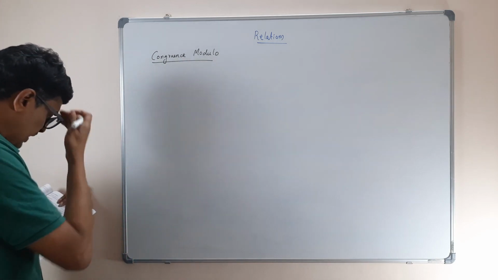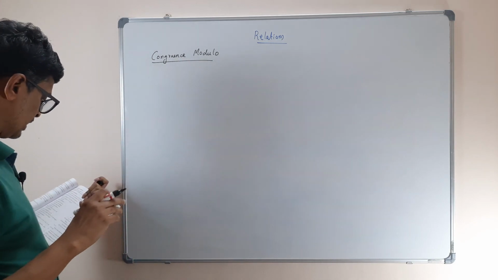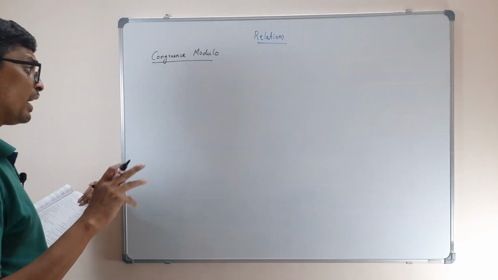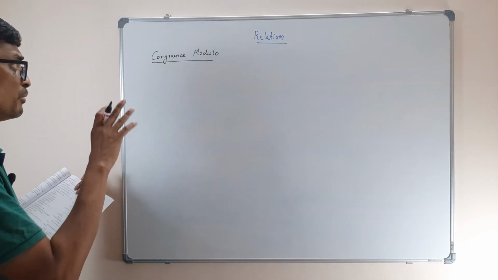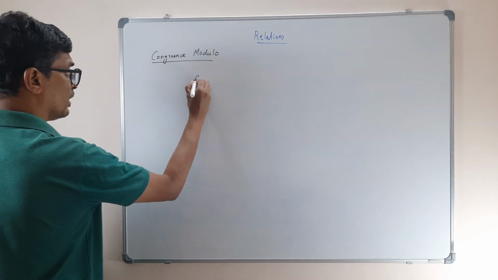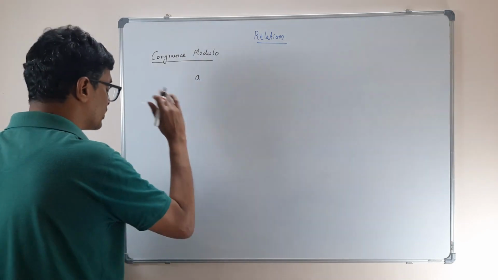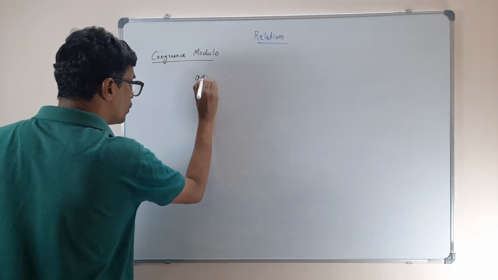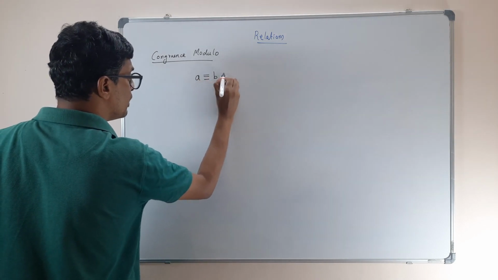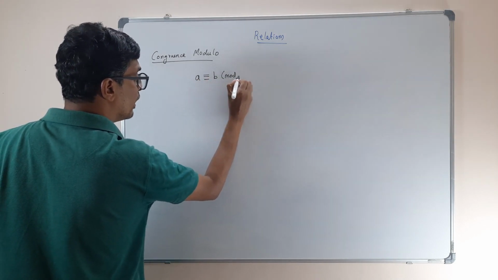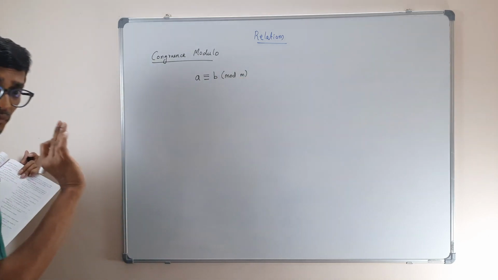What congruence modulo is: suppose you have elements of set A, I don't know how we pronounce it, let me say a is congruent to b mod m. This is the way we define it.